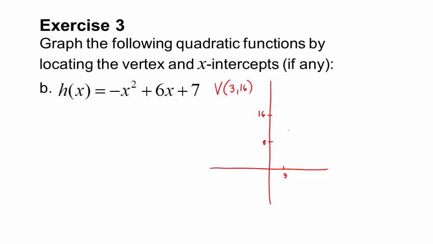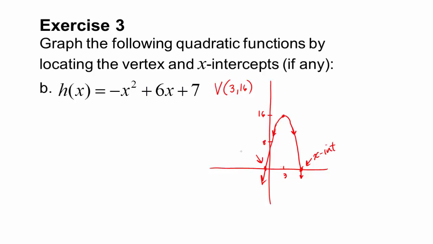Okay? So there's your vertex. But since this has a negative in front of x squared, then it opens downward. It's going to look like that. What does that mean? Eventually, this is going to cross the x-axis. The question is where? That's one x-intercept.